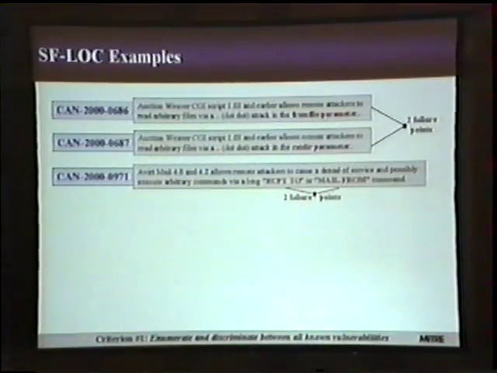To give you a couple examples here, the top 2 candidates deal with a CGI program called Auction Weaver that had a standard dot dot directory traversal vulnerability in 2 separate parameters. In another case, we have just a single candidate here that talks about a buffer overflow in 2 separate mail commands.